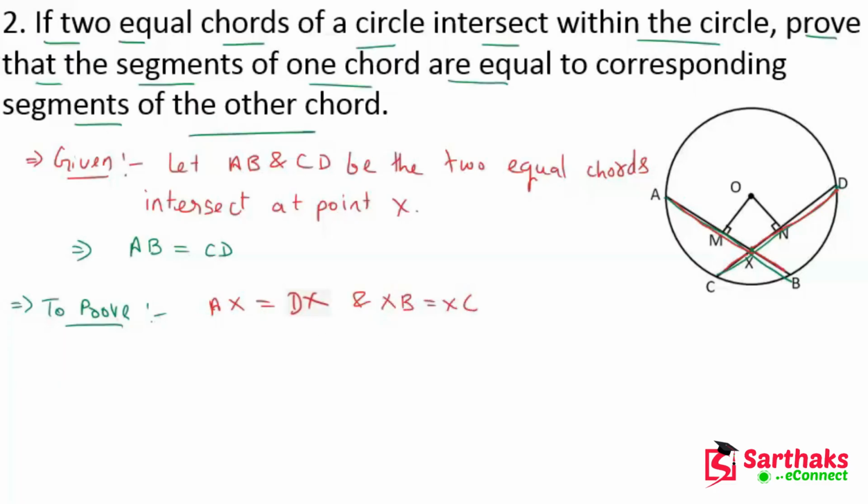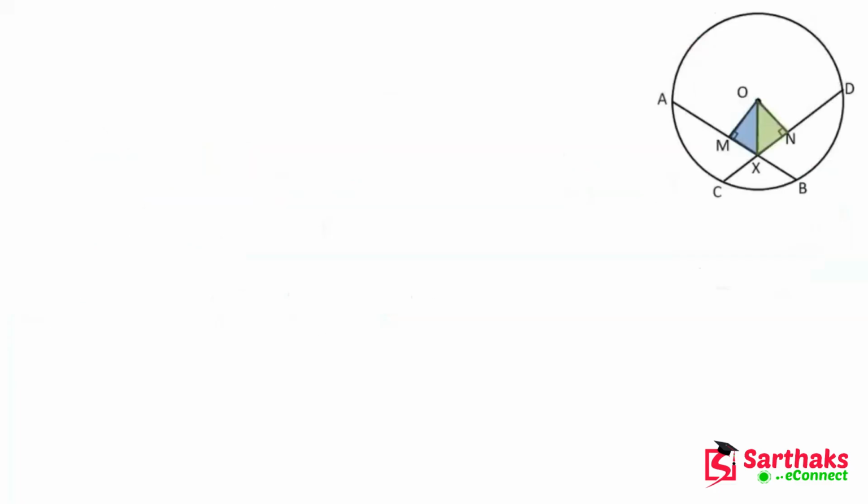Okay, now let's start the proof. Now we have to draw OM from the center, which is perpendicular to AB, and similarly ON, which is perpendicular to CD.